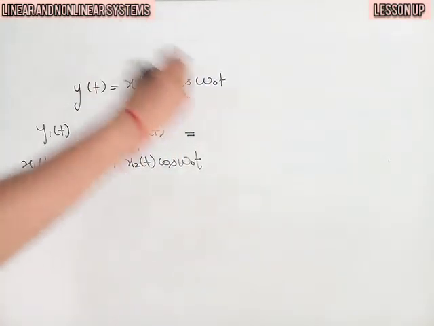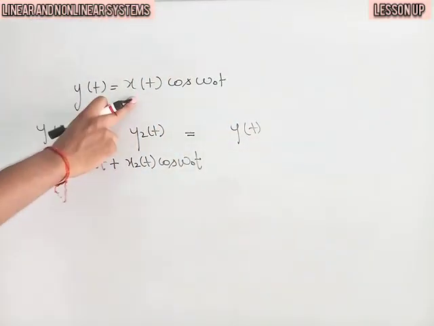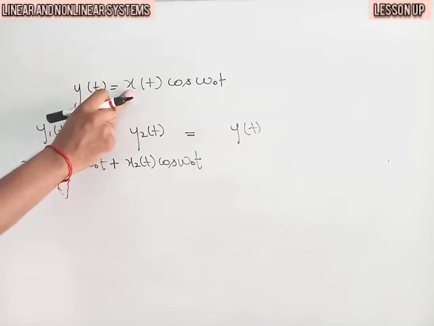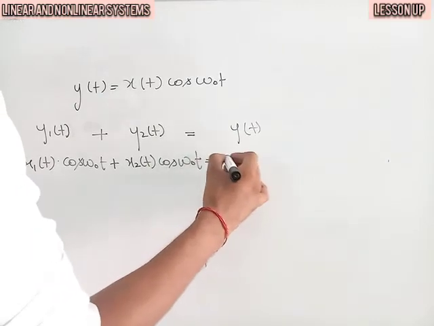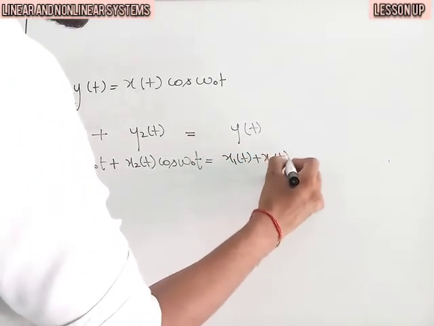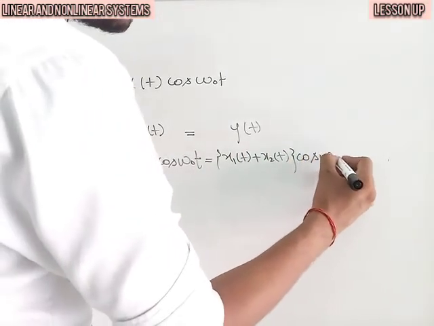and this should be equal to y of t when both the inputs are given, x1 of t plus x2 of t. So, instead of x of t, we will put x1 of t plus x2 of t. So, this should be equal to x1 of t plus x2 of t into cos omega naught t.